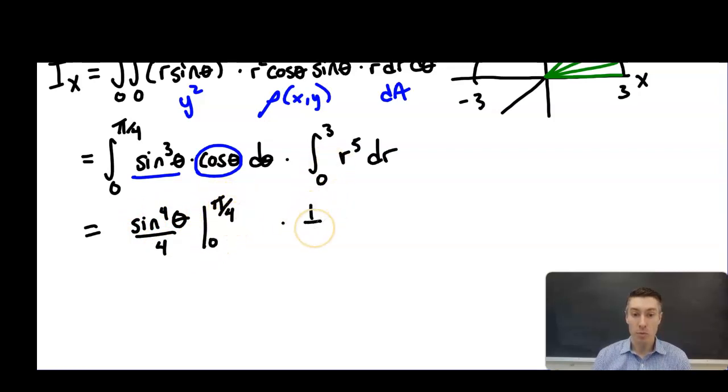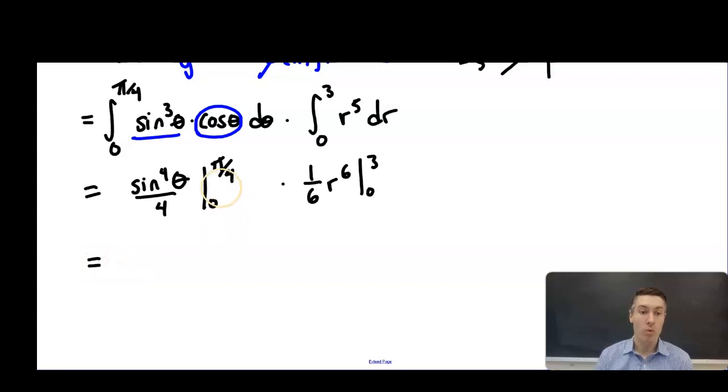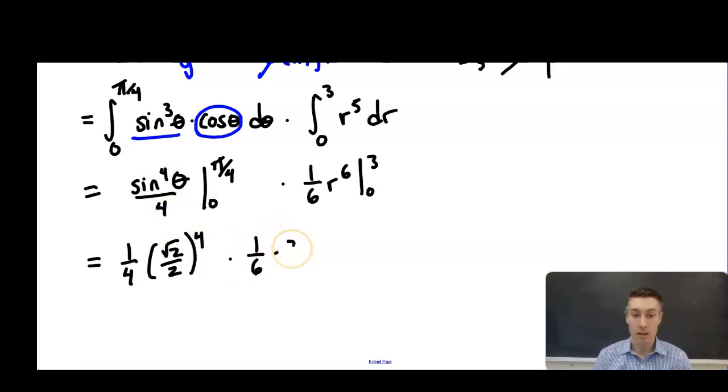And then times 1/6 r to the 6th from 0 to 3. So we are going to get square root of 2 over 2, so 1/4 square root of 2 over 2 to the 4th minus 0, and then times 1/6 times 3 to the 6th.